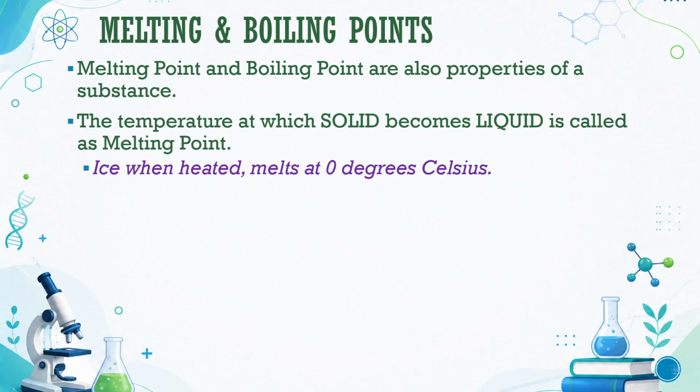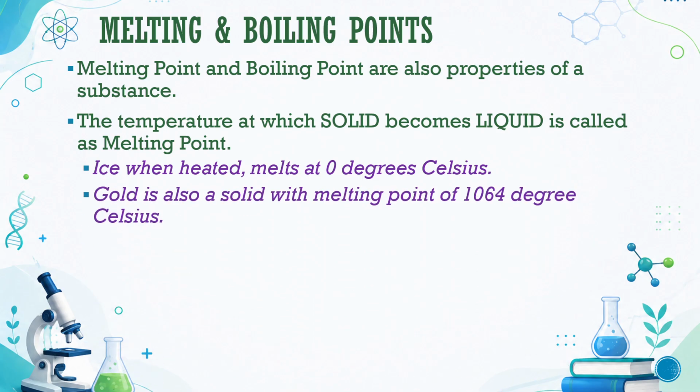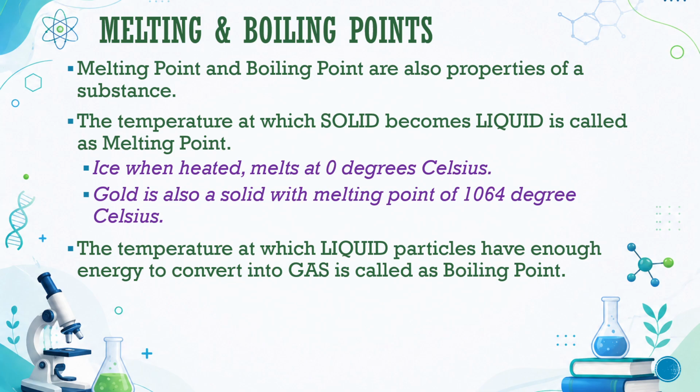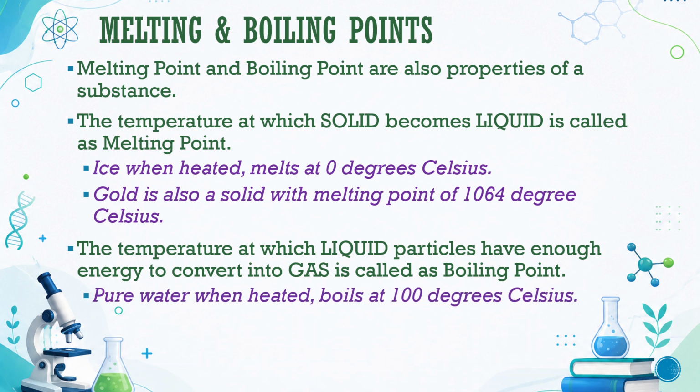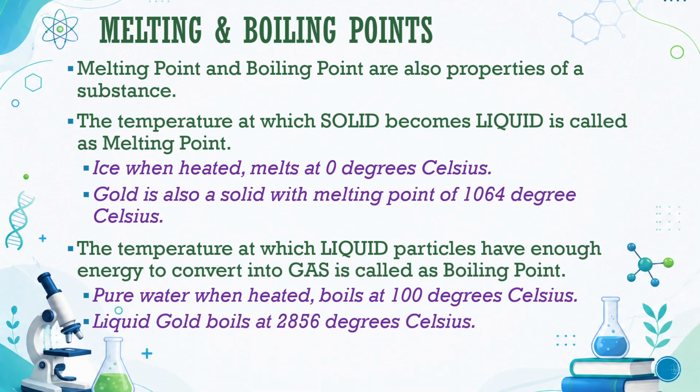So 0 degrees becomes the melting point for ice. Similarly, the temperature at which the liquid particles have enough energy to convert into gas is called the boiling point. So pure water, when heated and we are adding the heat energy, boils when the temperature reaches 100 degrees Celsius. Thus, we say the boiling point of water is 100 degrees Celsius.